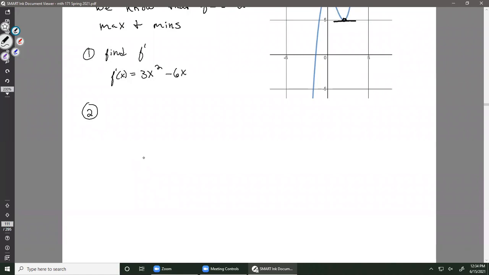So step 2, we are going to set the derivative equal to 0. So we have 0 is equal to 3x squared minus 6x. And we want to solve this for x.